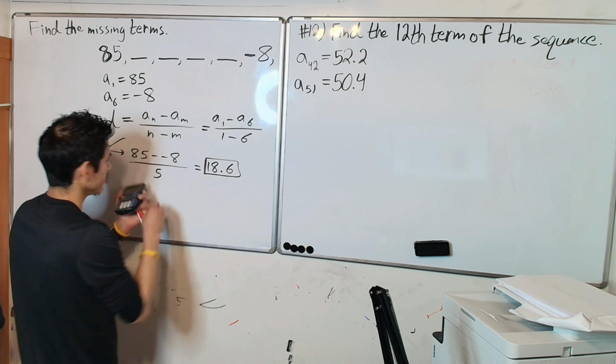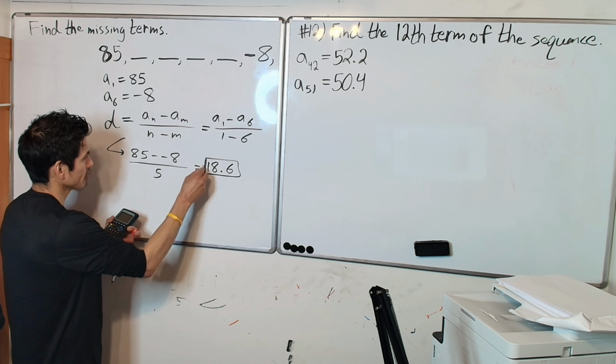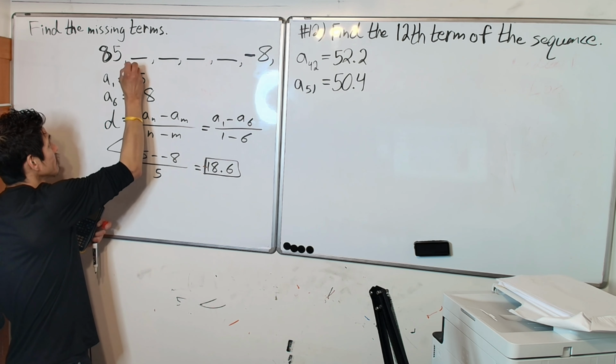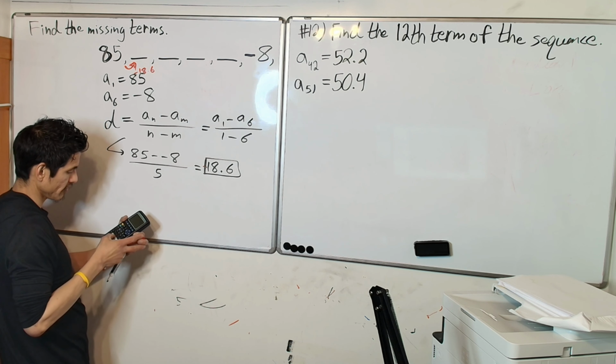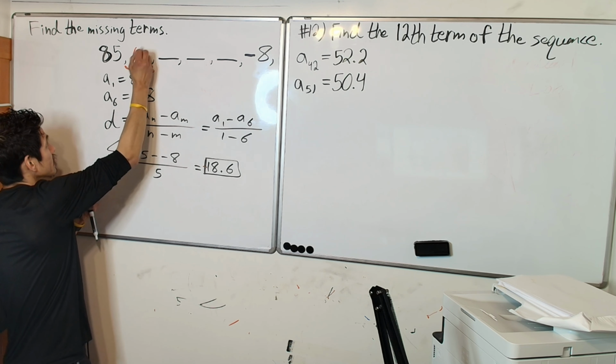Now we just add 18.6 each time. Or no, we subtract 18.6 is what I meant to say. So we take away 18.6 from 85. It's 66.4.